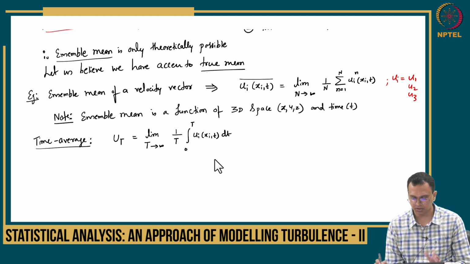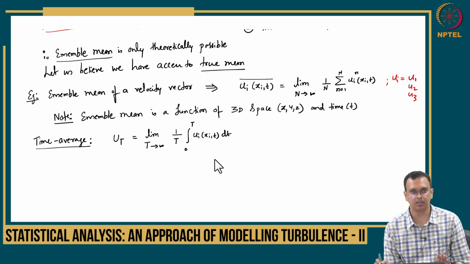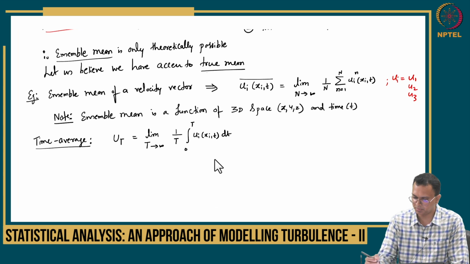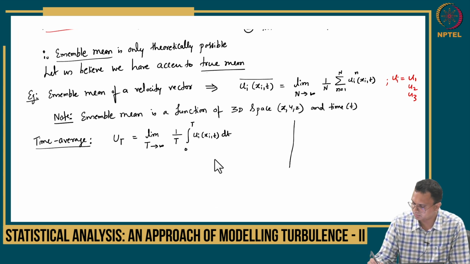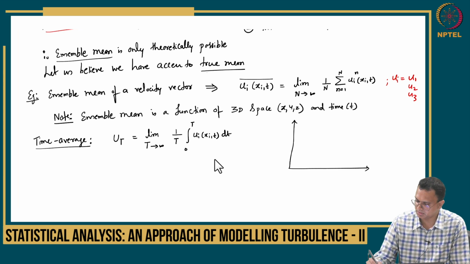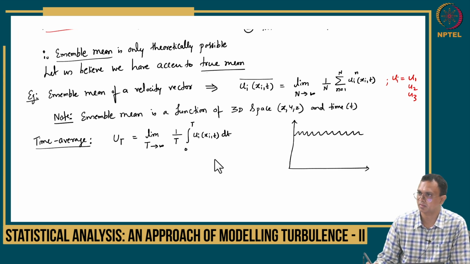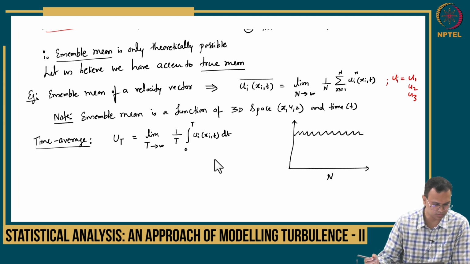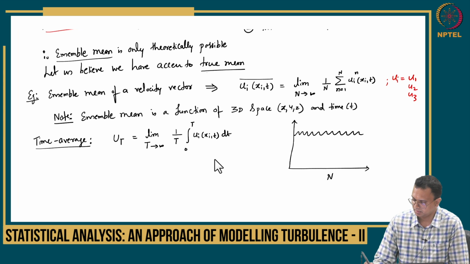So your time average becomes the ensemble average only in a special case when your mean is not changing in time, because this time average is not a function of time, it's only a function of three-dimensional space, ut. Okay. For example, let's say you have two signals. Let's say there is one signal which is varying like this, forever. So this is a number of samples, or you can call it time here, right?